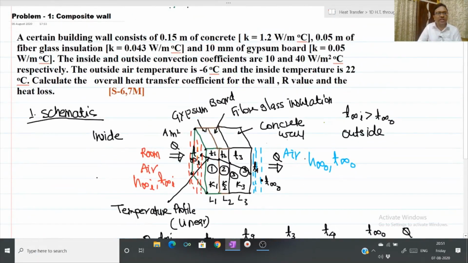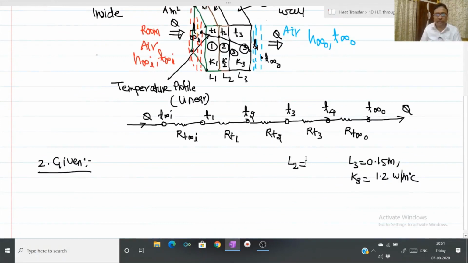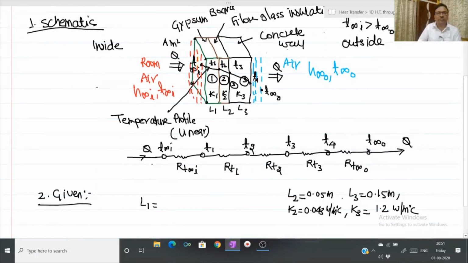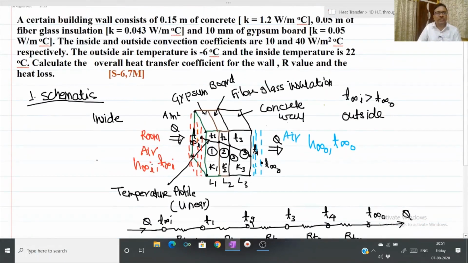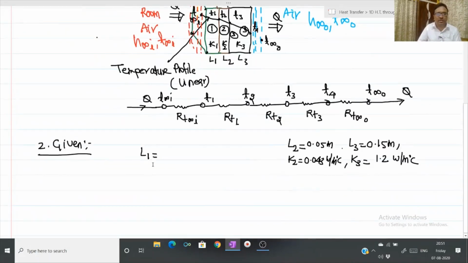0.05, that is fiberglass insulation thickness, and its thermal conductivity 0.043 watt per meter degree Celsius. And finally, the L1 value, that is thickness of the gypsum board, is given as 10 mm.